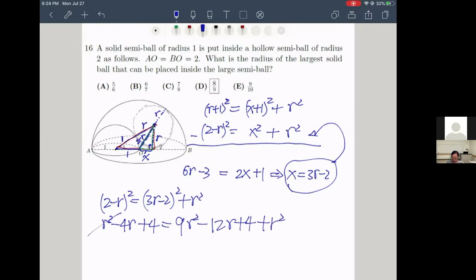Things are canceled. So we have 9 times r squared minus 8 times r equals 0, which means that r is either 0, which is not possible, or 8 over 9. So the solution is 8 over 9.